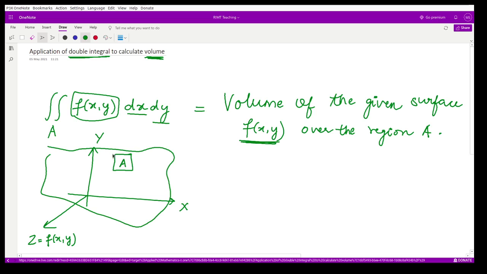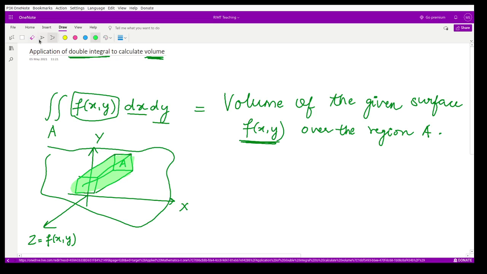Now this surface bounded by this region would be something like this. So that means whatever is this volume, that is the volume we are calculating using this double integration. So this is the meaning of calculation of volume using this double integration.